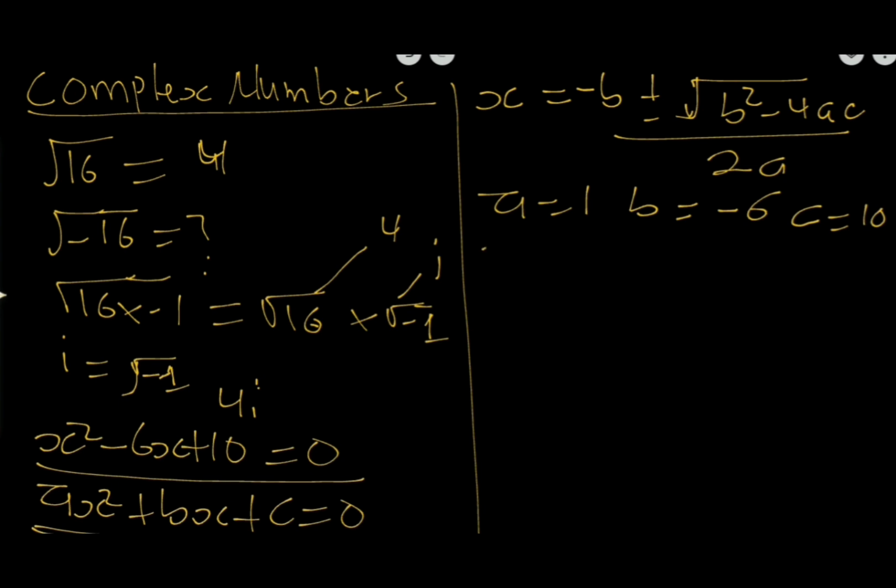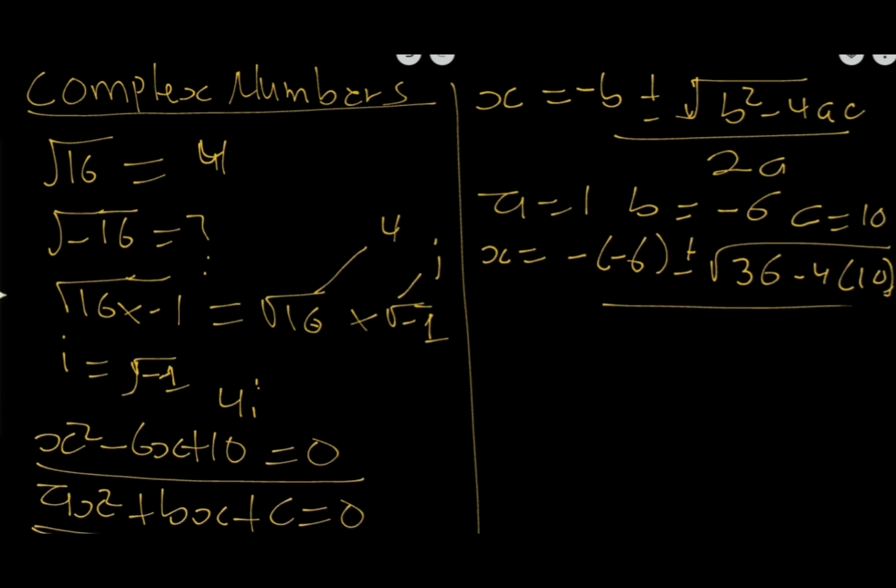So this becomes x equals minus into brackets minus 6, plus or minus root of minus 6 squared, which gives us 36, minus 4 into brackets ac. A is 1, c is 10, so that gives us 10, all over 2a.